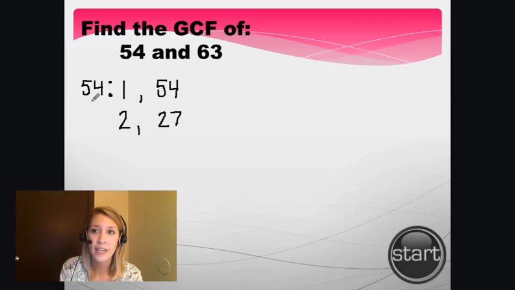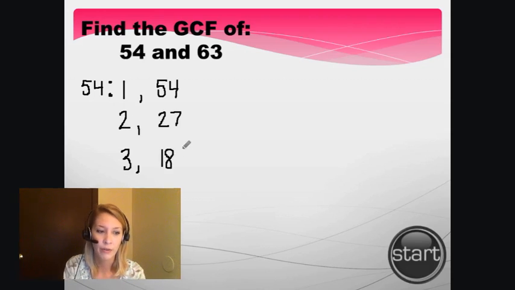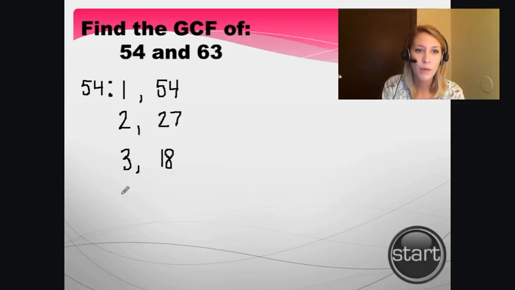When we add up these values, 5 plus 4, that equals 9, and 9 is divisible by 3. And if we divide 54 by 3, that will equal 18. That's our other factor. And then one more factor of 54 is 6, and when we divide 54 by 6, that equals 9. So these are all of the factors, 1 through 54.